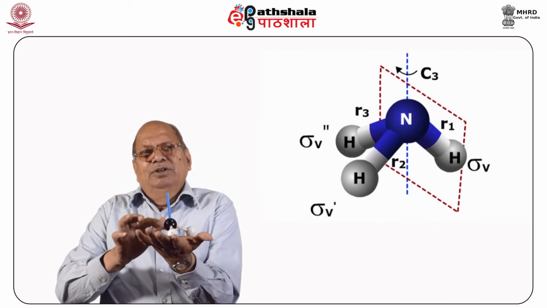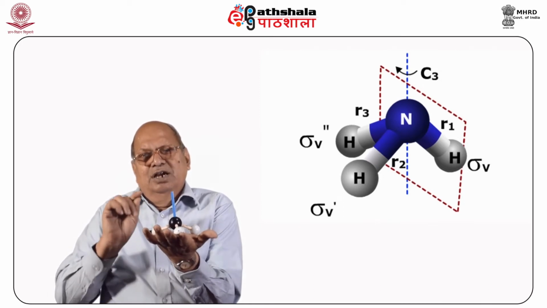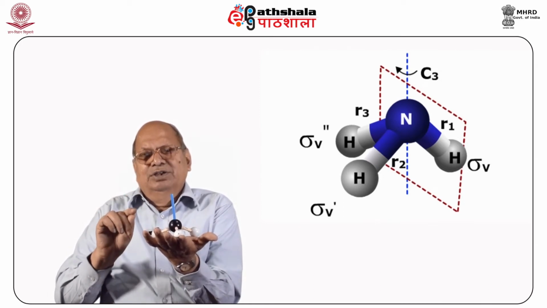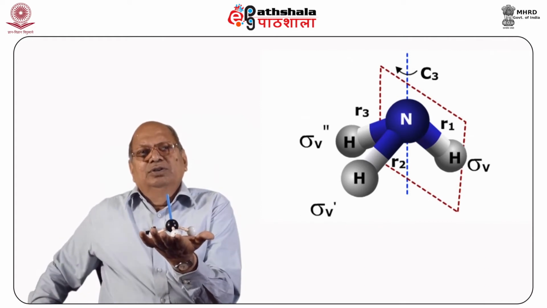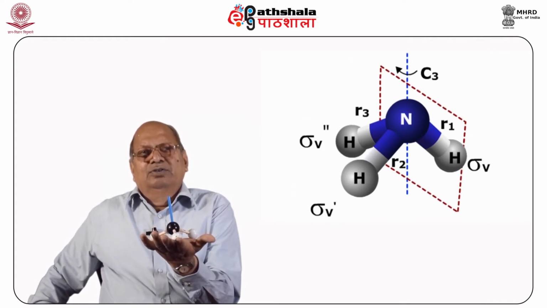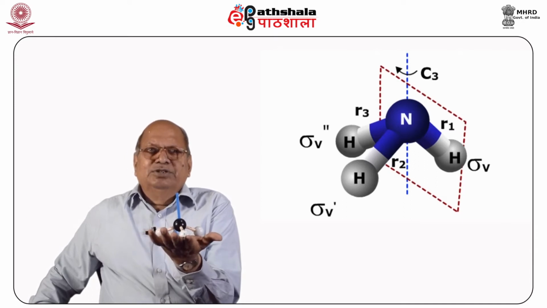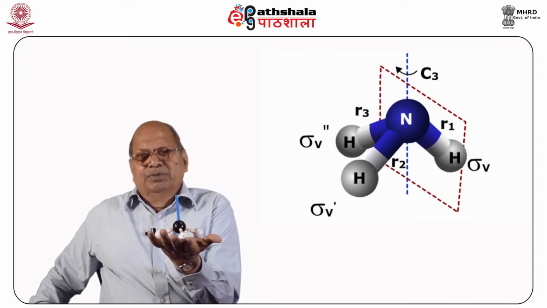I will label these NH bonds as R1, R2 and R3, and I will see the effect of various symmetry operations of this ammonia molecule on these vectors. That is, I will just go for the transformation operator corresponding to this symmetry operation.